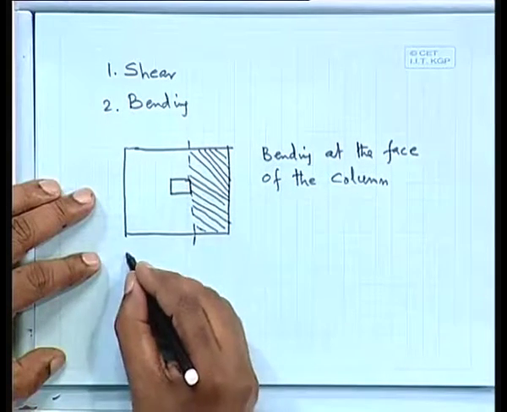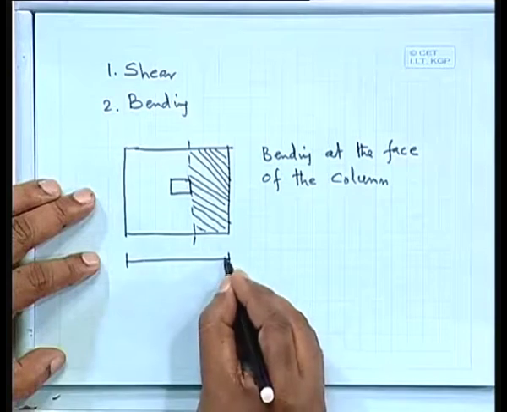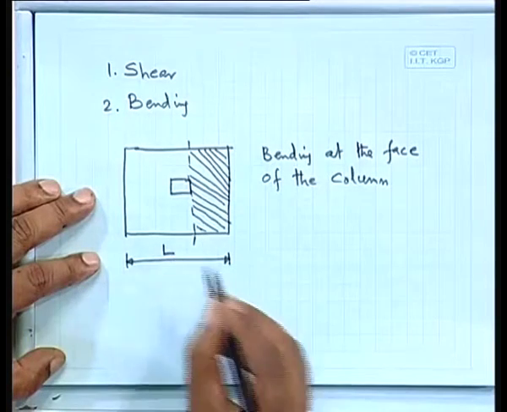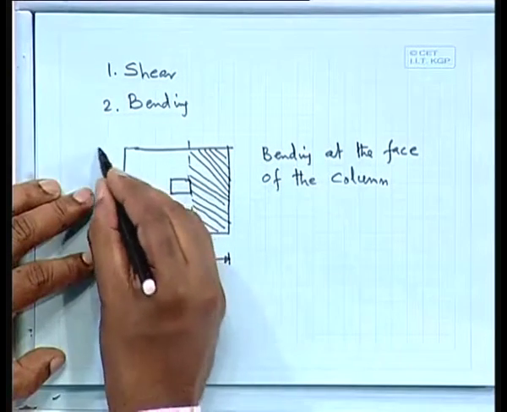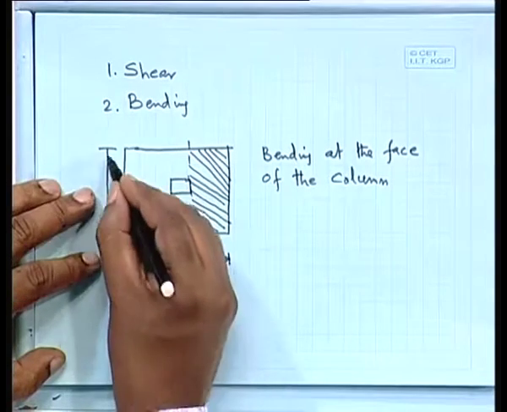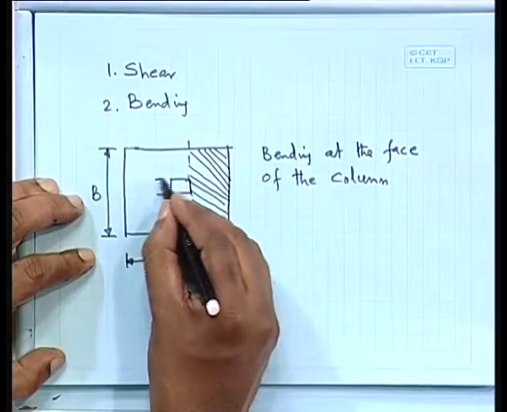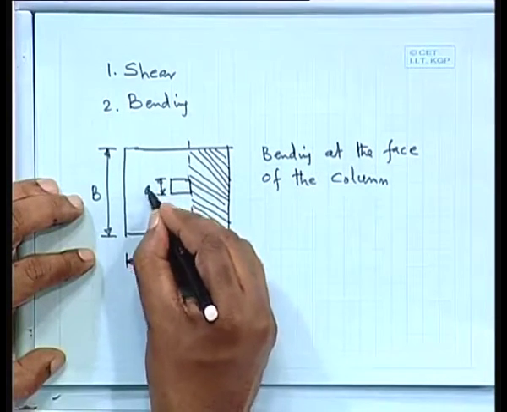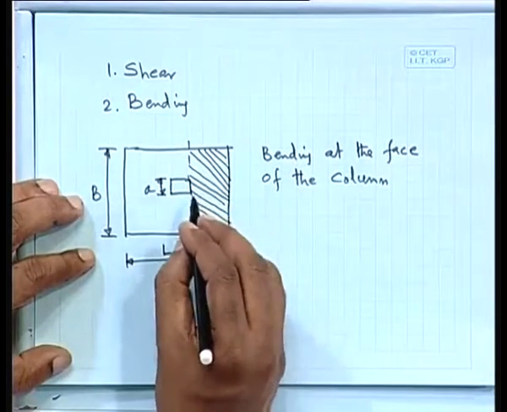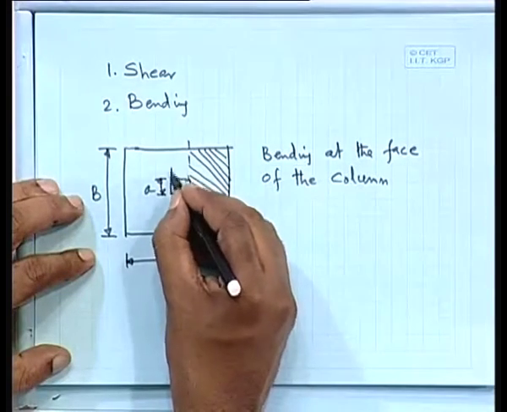That means if this is your length L, this is your B, and A is the column on the footing, and let us take this is square.